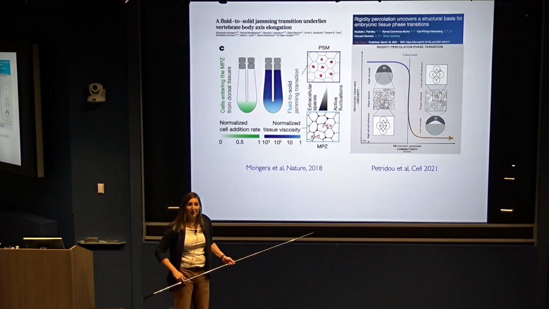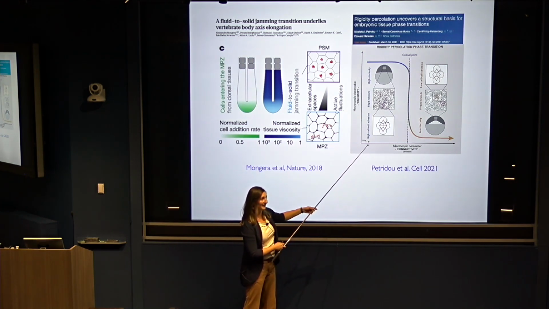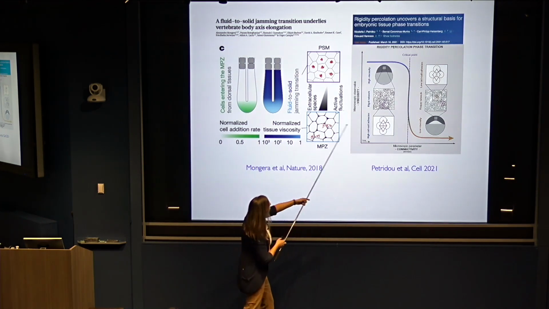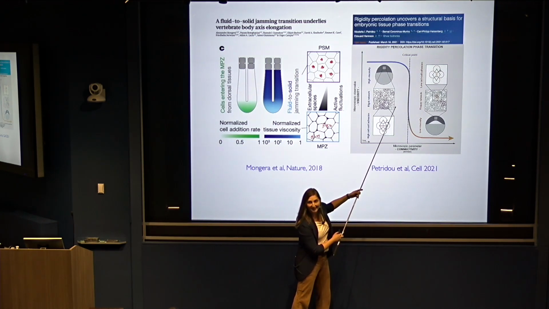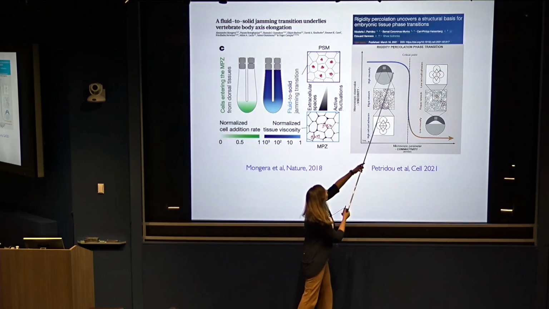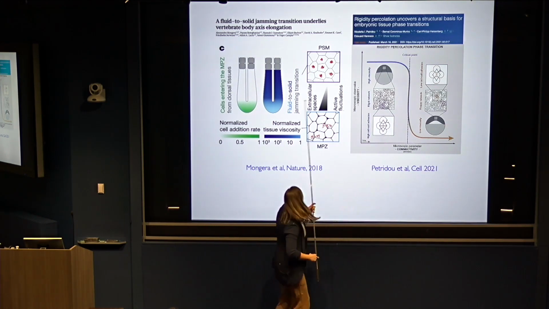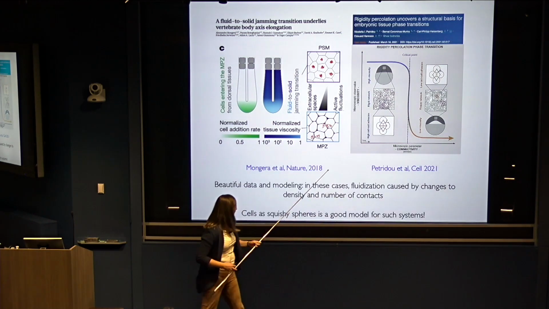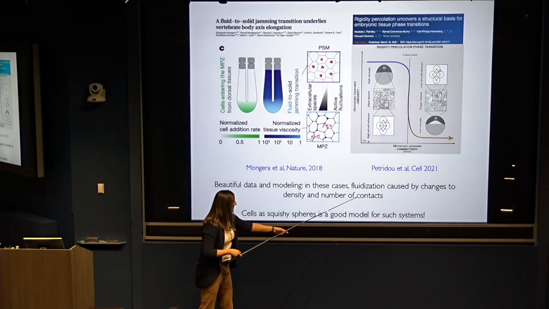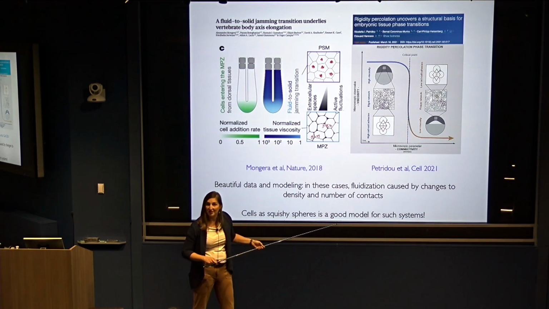It actually turns out that both of these two examples I sort of highlighted in the beginning, this very careful work, look at this picture, this careful work is counting the number of contacts of each of the cells in this thing, very carefully, very good microscopy. And it turns out that both of these two examples have significant evidence that in these cases, the fluidization is caused by small changes to density and changes to the number of contacts.